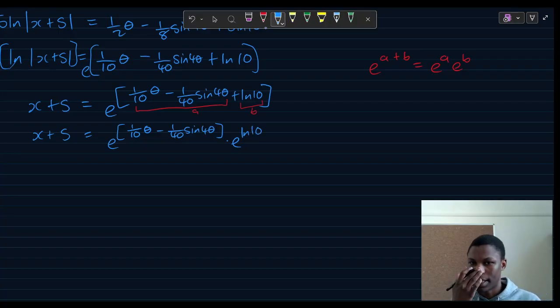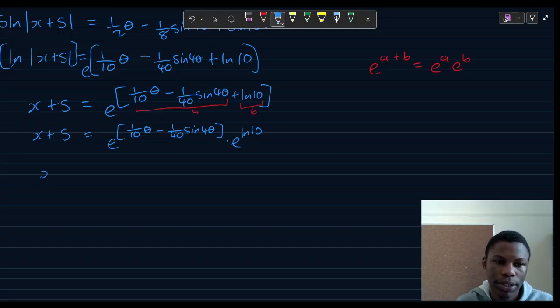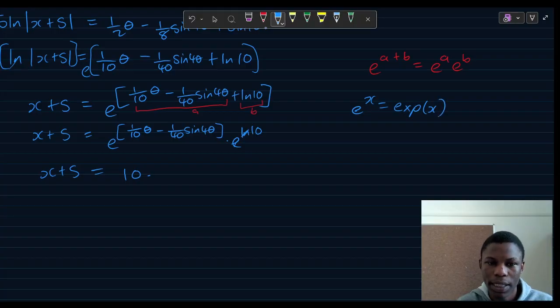And the reason I've done that is because I know that e and ln will cancel out. So what you end up with is x + 5 is equal to this part just becomes 10 and it's multiplying that part. So 10, I'm actually going to use, instead of using the e to the x notation, this notation. I think it would be easier to read.